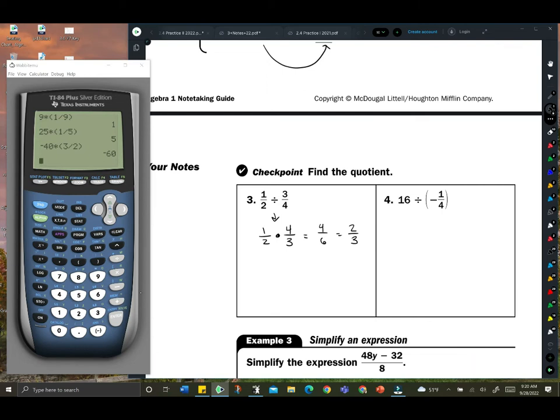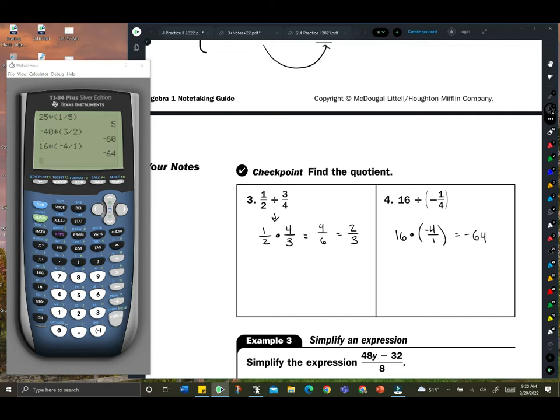It's just 16 times negative 4/1, which is negative 64. Okay, so that's all that is going on there.